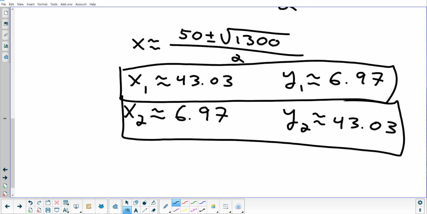The first set of points is different than the second set. So those are 2 different answers. So that's solving a system using a quadratic equation. Not everyone works out to be a quadratic, but this one did. Okay, you may have one like that on the test. Any questions on that?